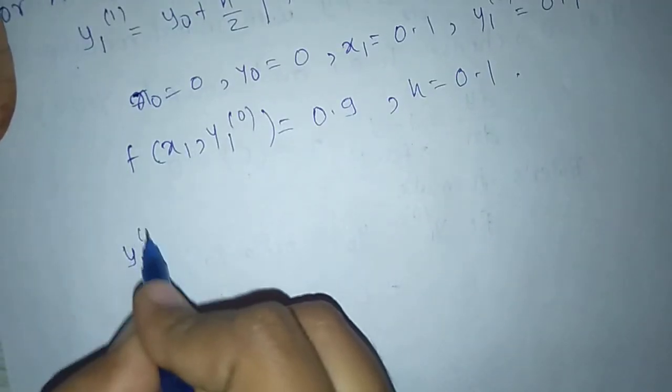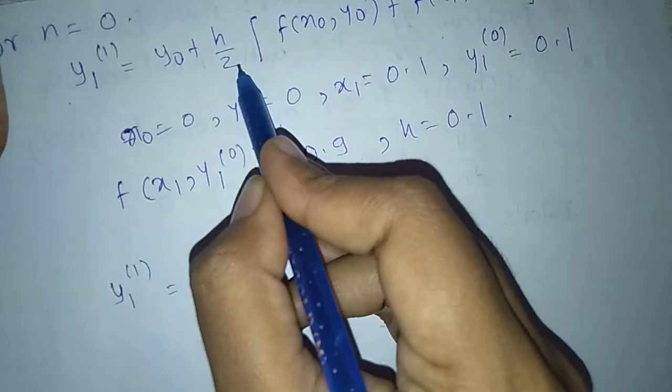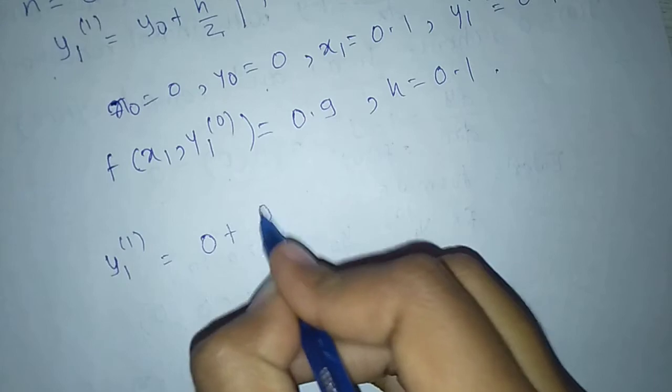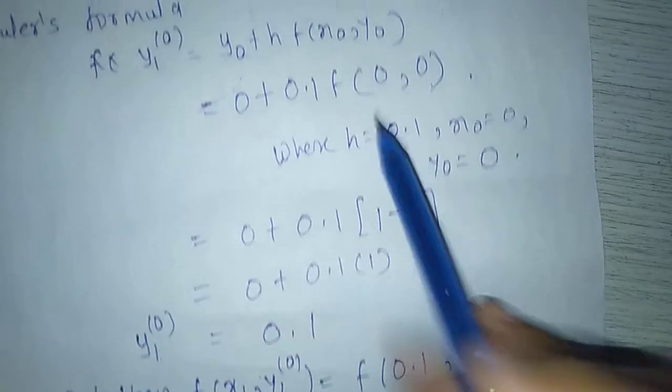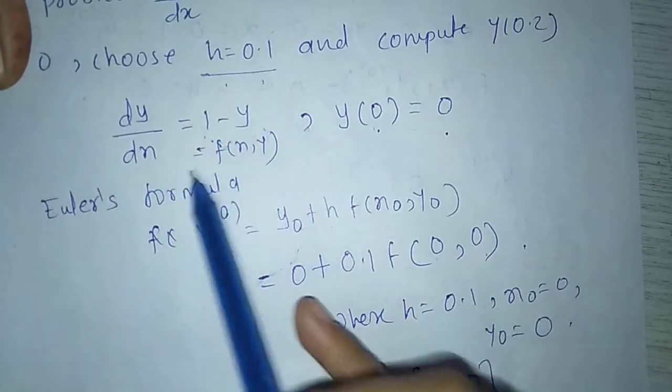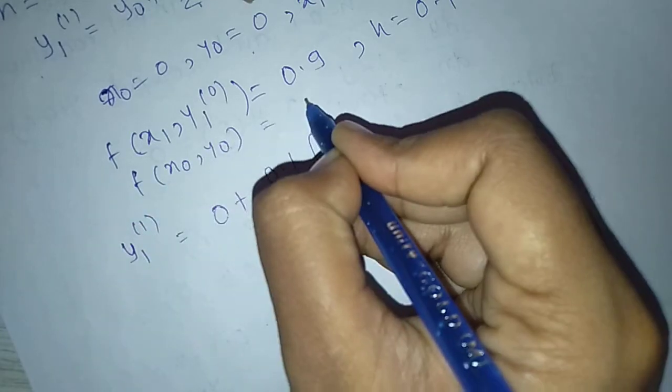Therefore this equation becomes y1 raised to 1 equal to y0 is 0 plus h is 0.1 upon 2 into f of x0 y0, that means f of 0 0, which is 1 minus 0, equal to 1.